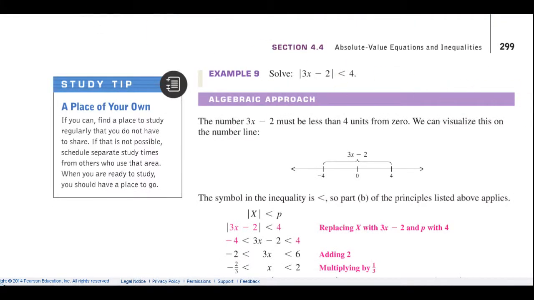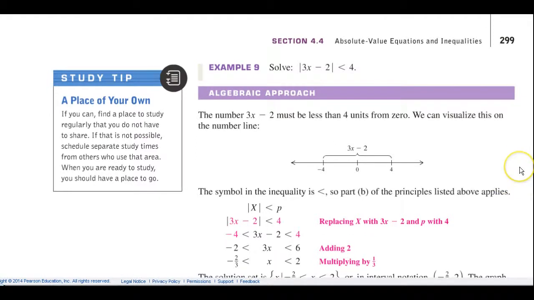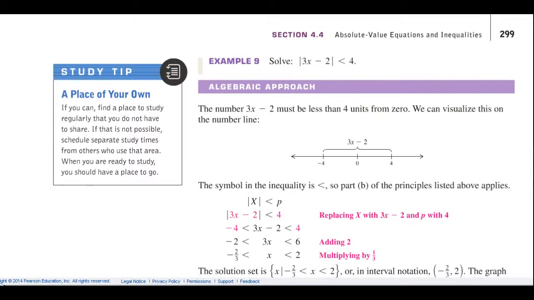Okay, let's go and solve example 9 here. So this is going to be straightforward, and I'll do it for you up here. So 3x minus 2 is less than 4, or 3x minus 2 is greater than negative 4.